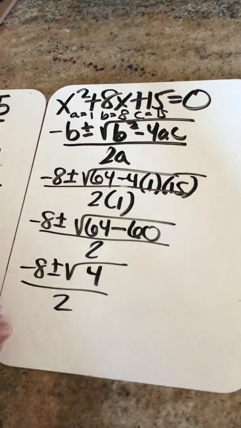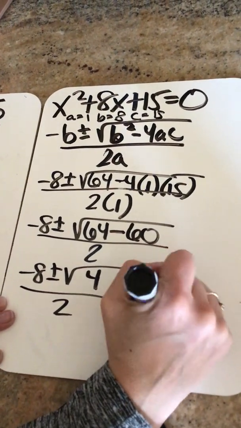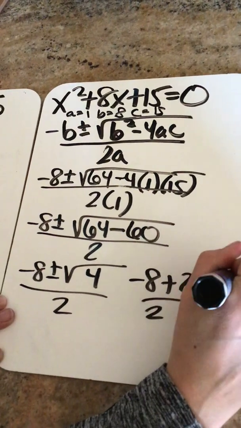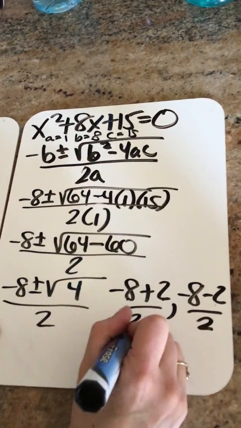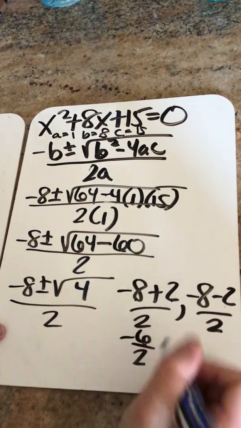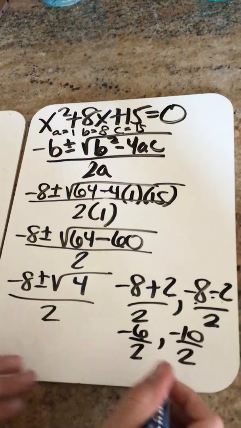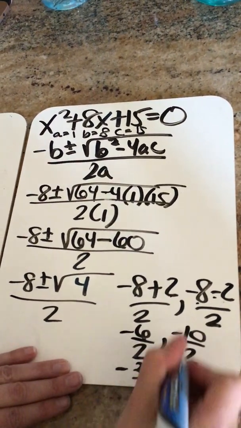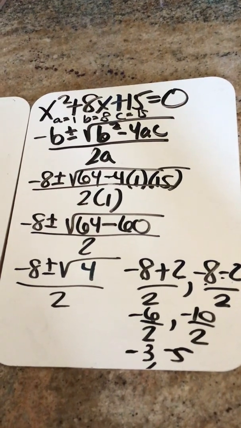This one's perfect one, because we already saw that over here. 2. So -8 plus 2 over 2, and -8 minus 2 over 2. So -8 plus 2 is -6 over 2, and -8 minus 2 is -10 over 2. Simplify, and I get -3, -5, which matches my answers over here. You definitely should get the same thing.